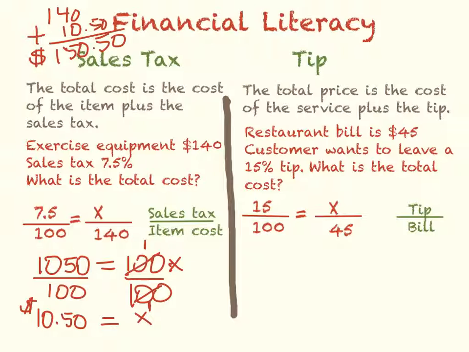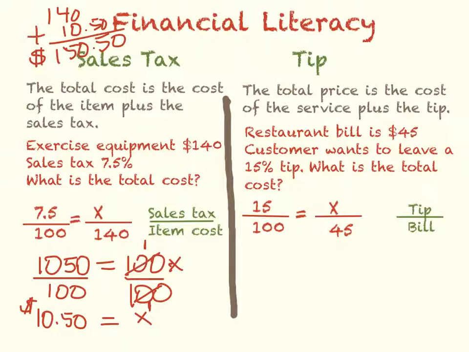So we have our proportion set up to be the tip, which is the part, and the bill, which is the whole. So we have 15% out of 100% equal to the tip, which is our variable, out of the whole bill, which is 45. Just like on the other one, we need to find our cross product of 45 and 15.